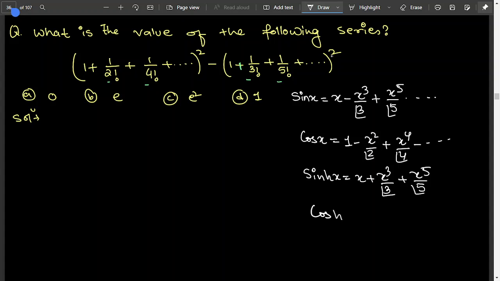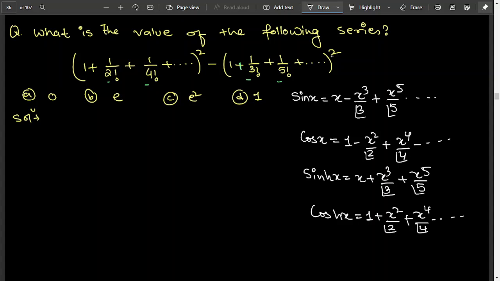Similarly, cos hyperbolic is nothing but 1 plus, there will be no negative sign in hyperbolic, plus x4 upon 4 factorial and so on.